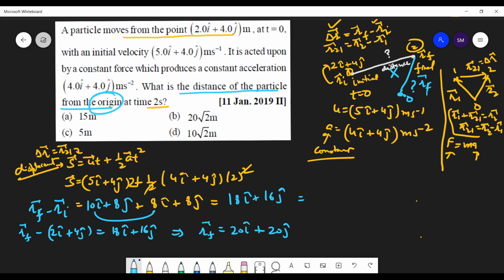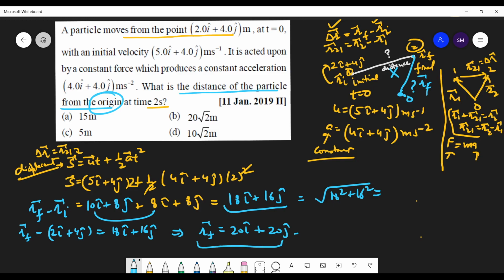So there can be two questions. What is the distance of the particle from the initial position? If that was required, then this is the answer. You can just simply find the magnitude of this, 18 square plus 16 square. So that will be the distance between initial and final position. That's your displacement, right?